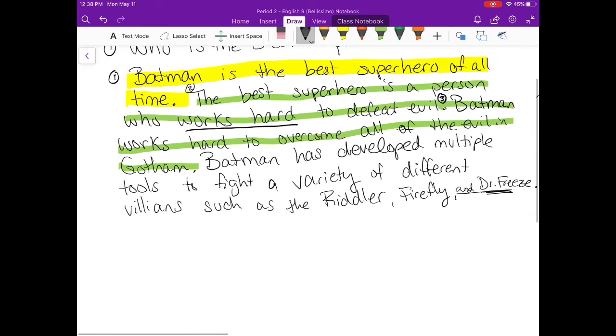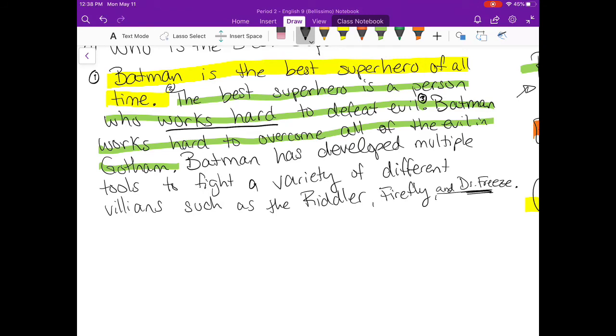So I could say, what's the specific tool that he's come up with? Batman uses tools such as the Batmobile. What else does he have?